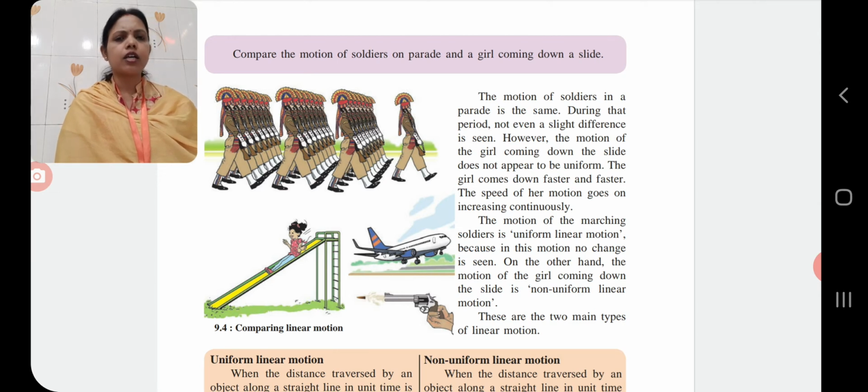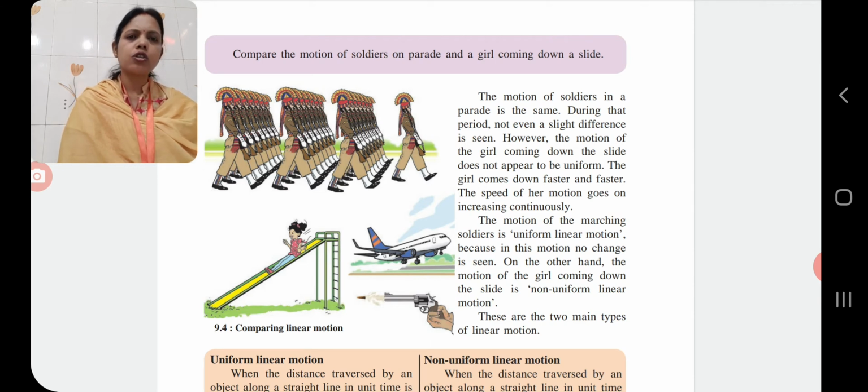During that period, not even a slight difference is seen. However, the motion of the girl coming down the slide doesn't appear to be uniform. The girl comes down faster and faster. The speed of her motion goes on increasing continuously.